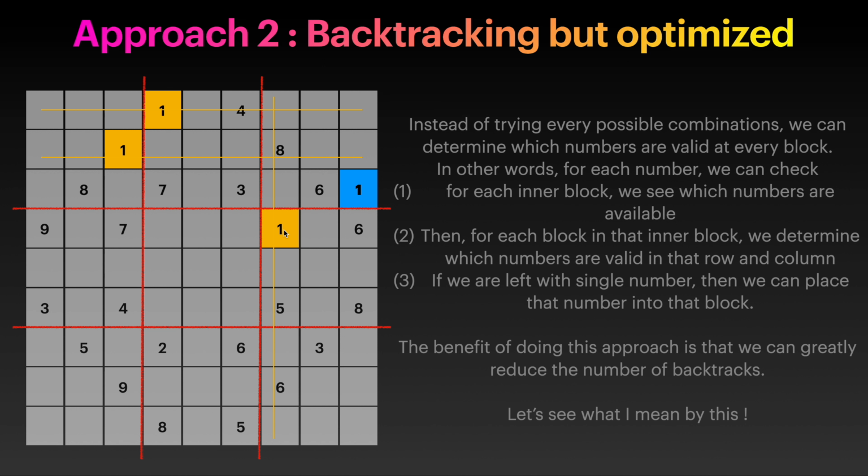And then we look at this 1 again, and we notice that this column cannot have 1. So we see that all these blocks are invalid for 1, and this one is already taken, this is already 6, so that means that one has to be 1. And that's the way we reduce the number of times we have to run our backtrack function.